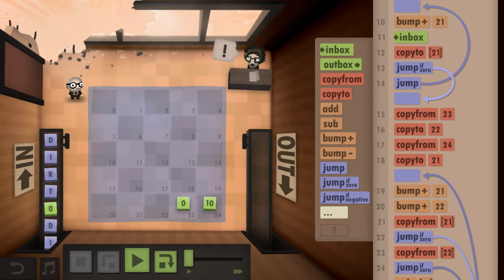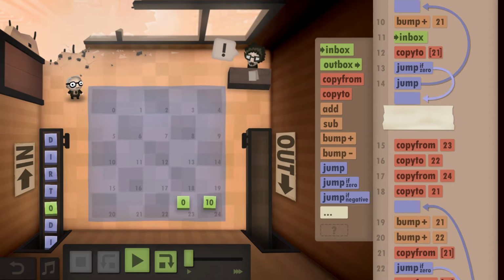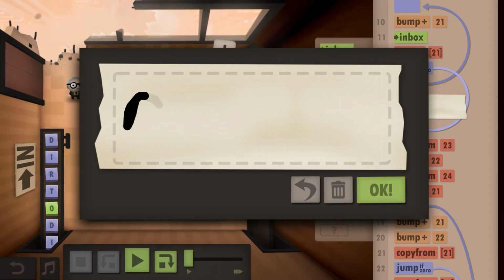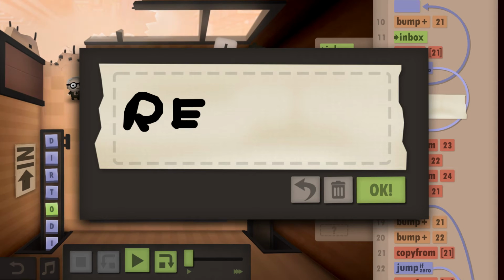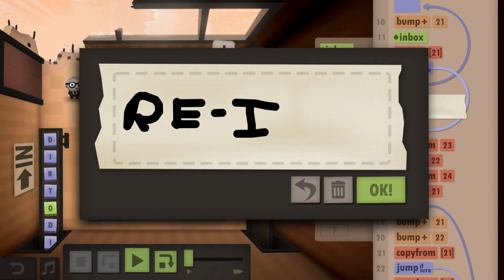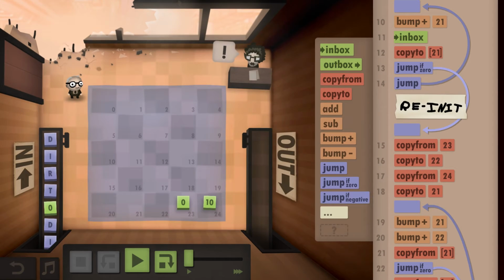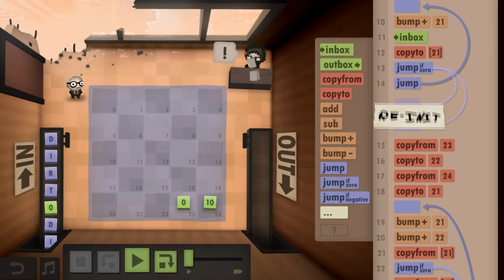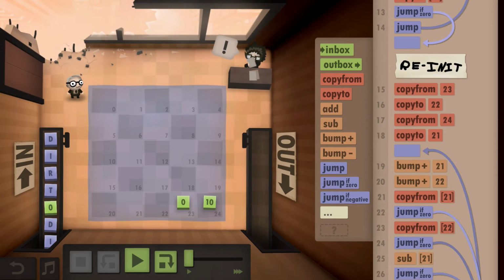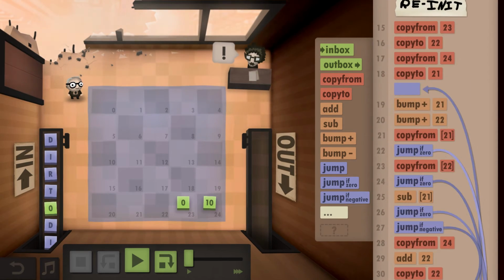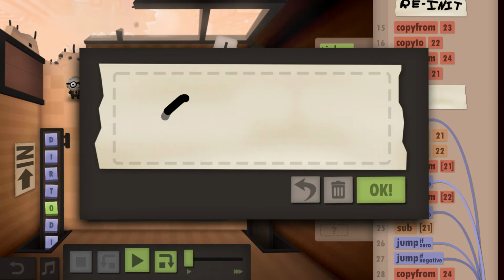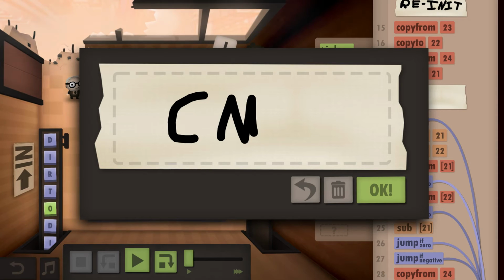Copy 23 to 22, 24. Okay. Init. Reinitialization is what's happening here. Let me go ahead and move that down. Pronunciation happening from there, and then we are doing the comparing method.